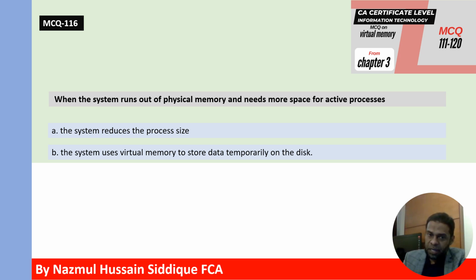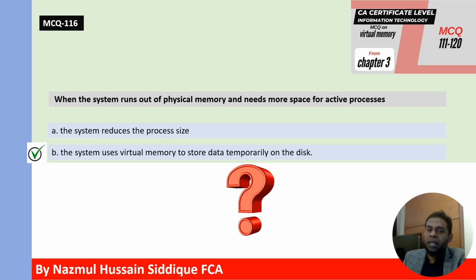The correct answer is B. The system uses virtual memory to store data temporarily on the disk when it runs out of physical memory and needs more space for active processes.